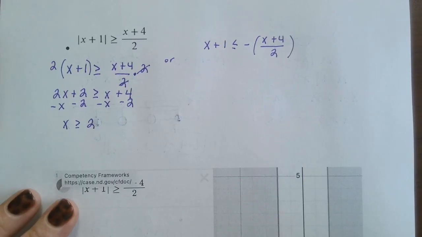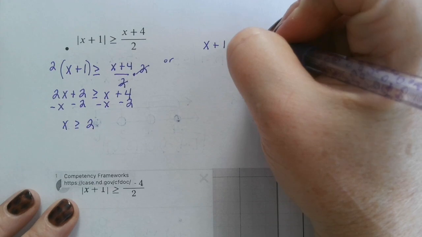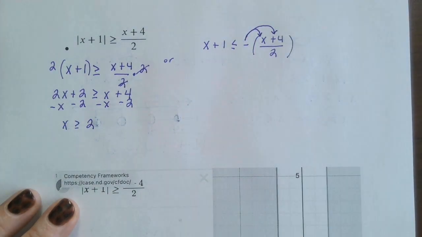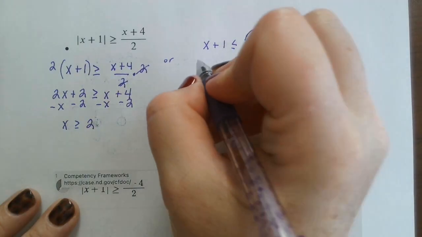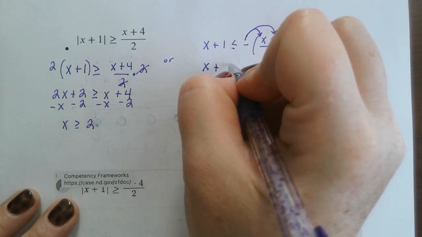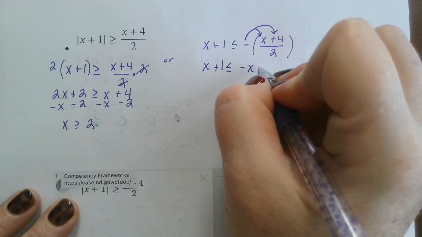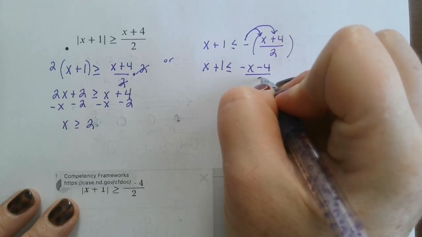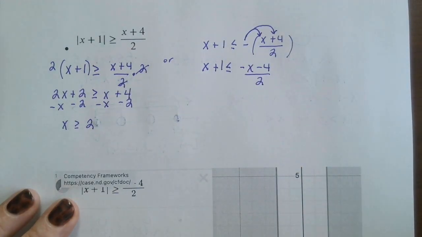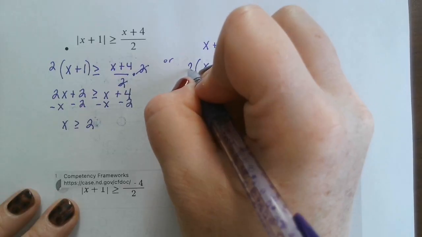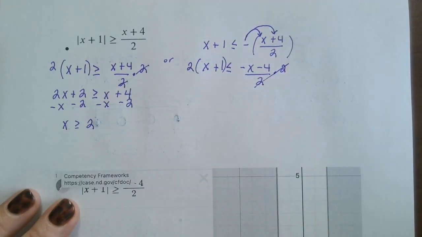Similarly, I'm going to do the same thing on the right-hand side, but first I'm going to distribute the negative into my fraction, giving me x plus 1 is less than or equal to negative x minus 4 over 2. I can multiply both sides by 2 so that I can undo the fraction.